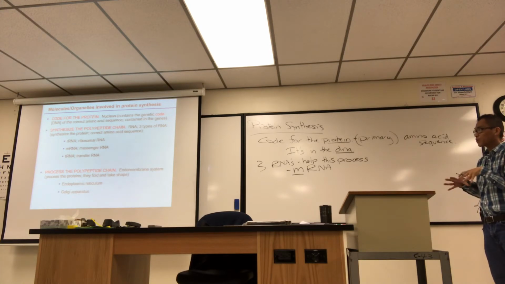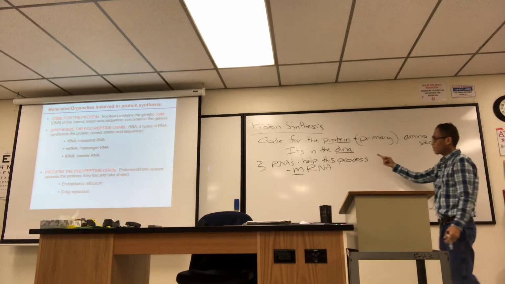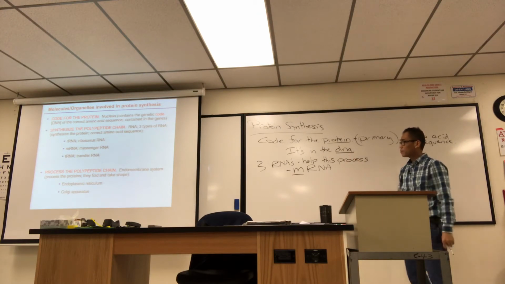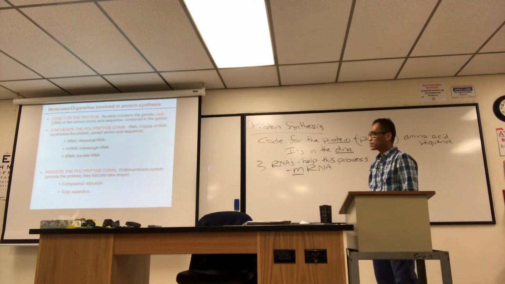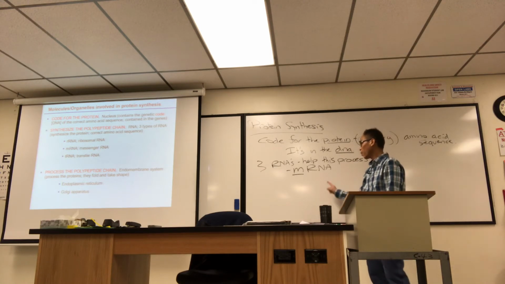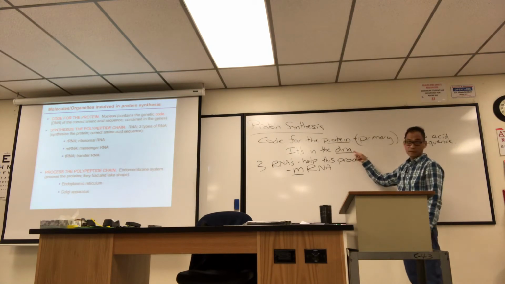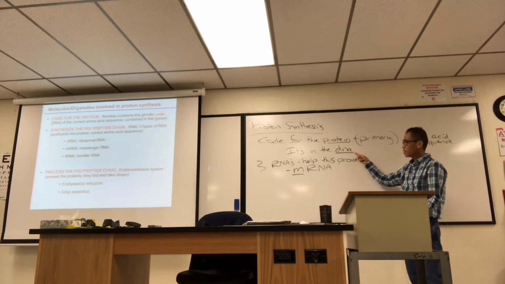Okay, structurally they're very similar, and so they can interact with the DNA. This molecule can interact with that molecule, and when you generate this, it's going to have that code. It's going to take that message so you can kind of translate it into the correct amino acid sequence. And so it's very important to have a messenger, because the code in the DNA is in the nucleus, but you can't make the protein in the nucleus, is the thing. So that's why you need a messenger to get it out of there.